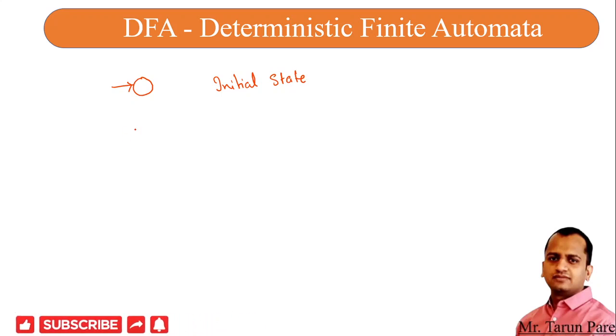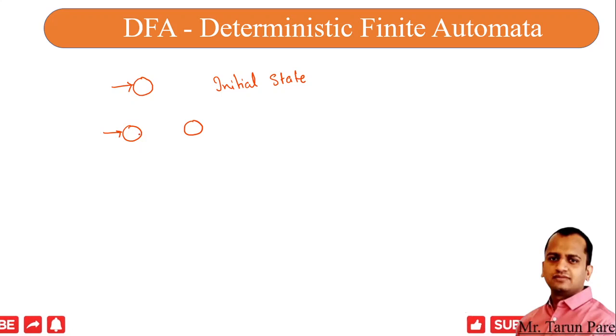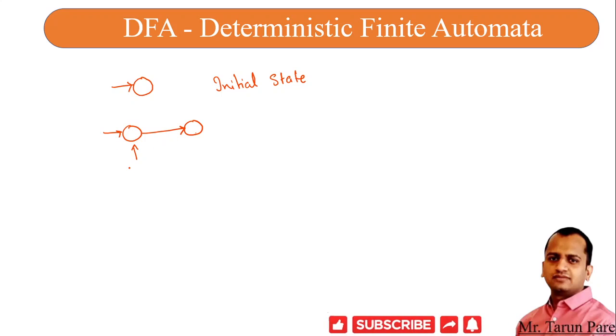Now if there are two circles, and from this state the particular input is moving from this circle to this circle, then you can say that this is state 1 and this is state 2.